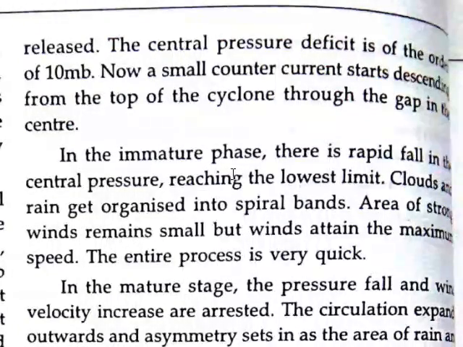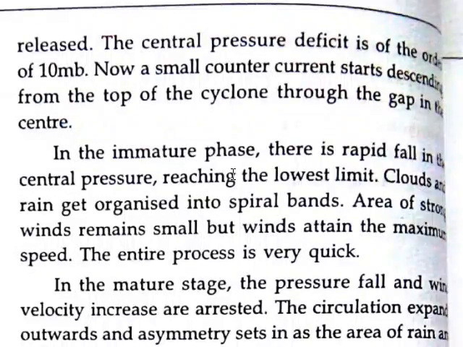The central pressure deficit is mainly 10 mb. Now a small counter current starts descending from the top of the cyclone through the gap in the center.